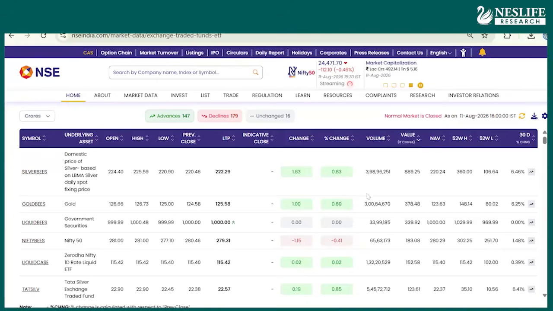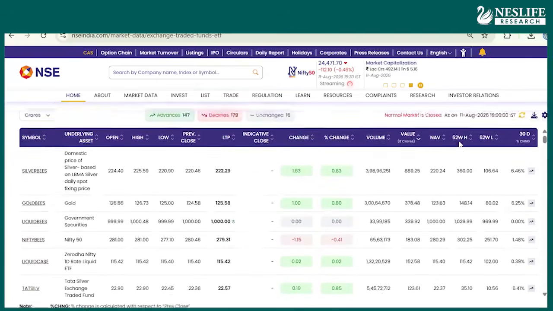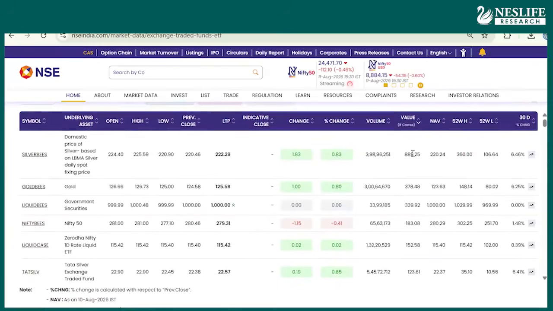If you look at the top, you see that Silver Bees is the top. That means 880 crores turnover. That means bought and sold on that particular day today. Next is Gold Bees. Then Liquid Bees. The third category I was talking about is the debt category. Liquid Bees is the debt fund, but don't invest into Liquid Bees because its taxation is complicated.